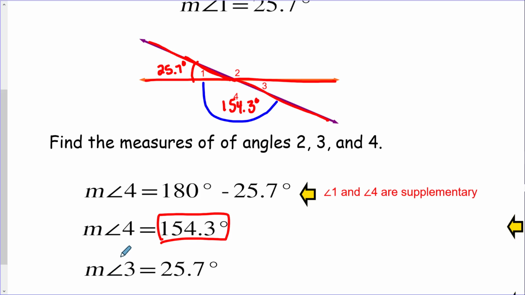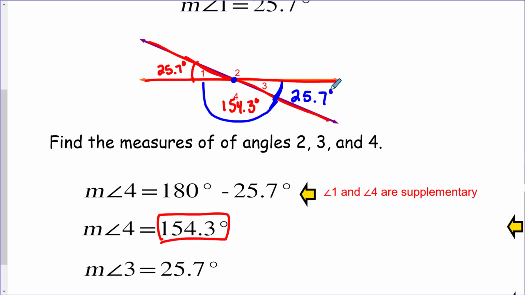Now, to find the measure of angle 3, again, I could look at it two different ways. I can say together angles 3 and 4 make a half arc, right? So they equal 180. Or I can go the easy route and say that angle 1 and angle 3 are vertical angles. And I know vertical angles are congruent. They are the same. So if this one is 25.7 degrees, angle 3 is also 25.7 degrees.